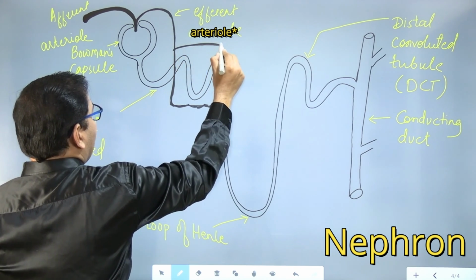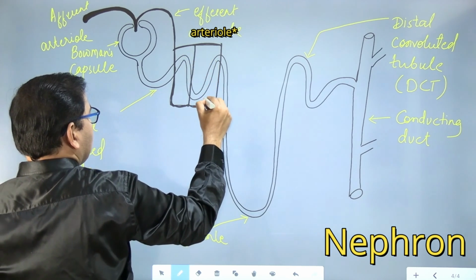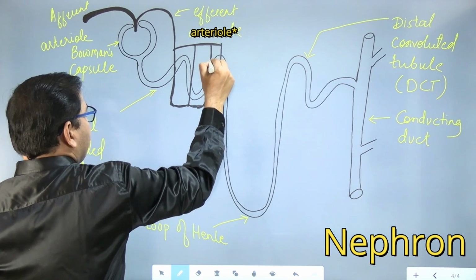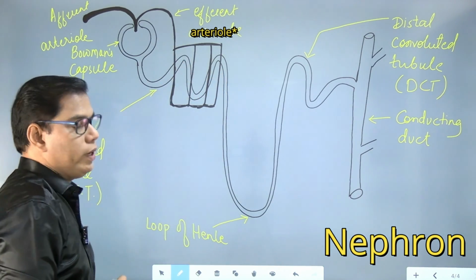We are not allowed to use the color pencil. Otherwise, oxygenated blood means red in color and deoxygenated blood means blue in color.